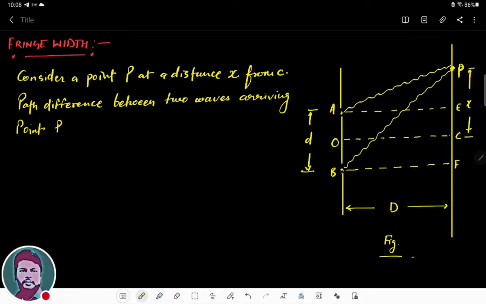Now we know that the light arriving from point B must travel more than the light traveling from point A. So what is the distance that B travels more? That is BP minus AP.